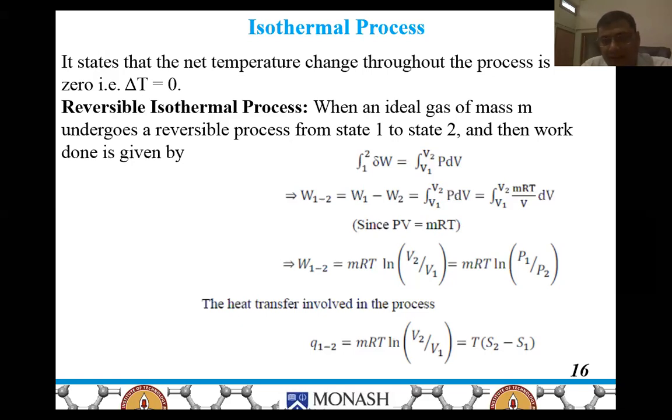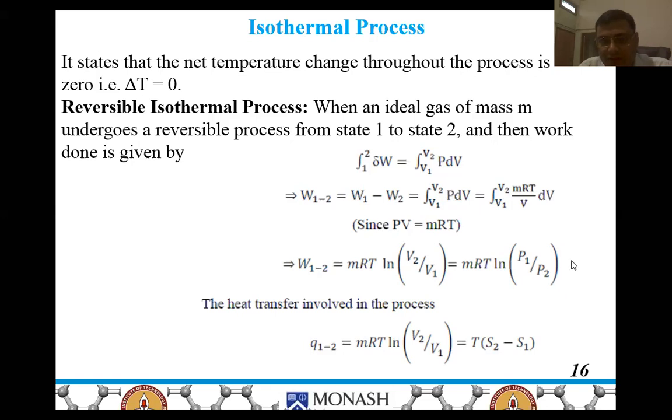So P we can write as nRT by V. Here n is the number of moles. So nRT by V into dV, and the integration of dx upon x is ln x. So here we can write W1 to 2 is equal to nRT ln of V2 by V1, which is equal to nRT ln of P1 by P2.